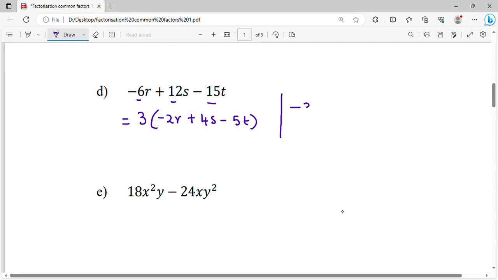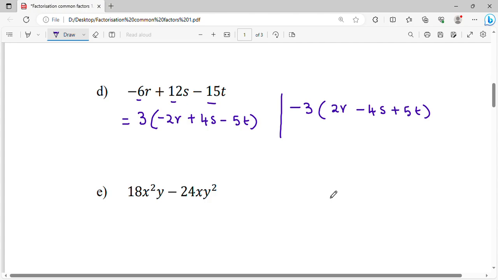You could take out minus 3 and you will see that it becomes 2r minus 4s plus 5t. Either way, your factorization is correct because when I expand, I get back the same value, that is minus 6r plus 12s minus 15t. Hope this is clear.